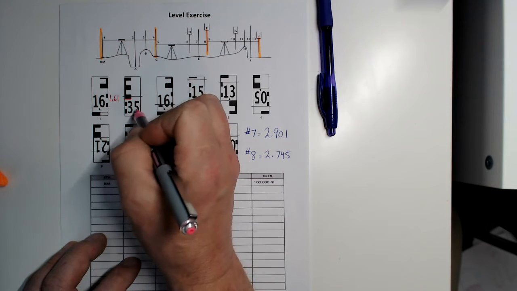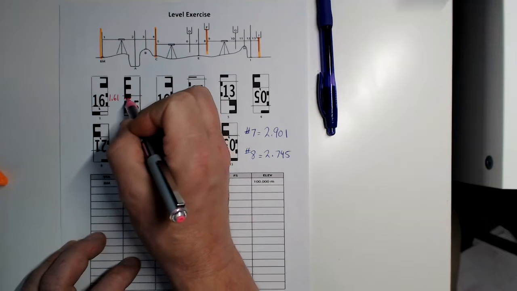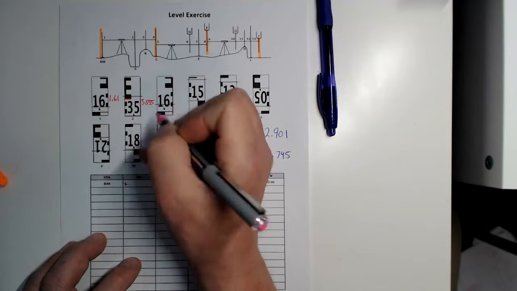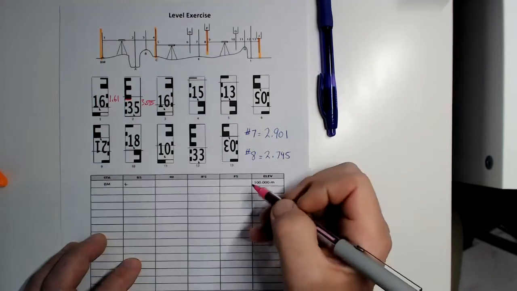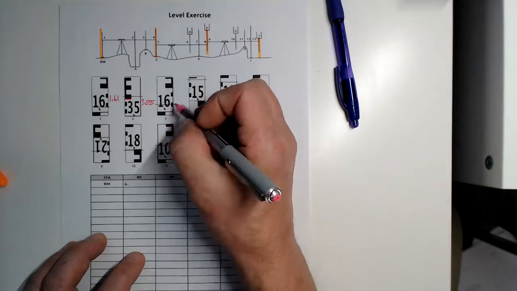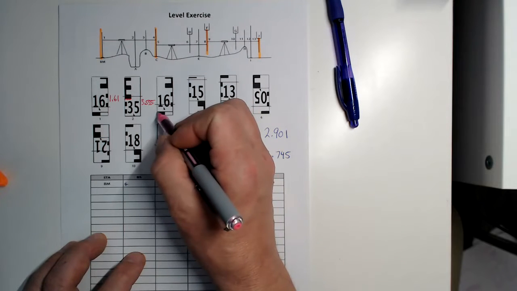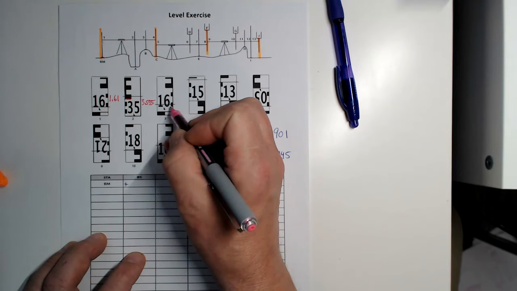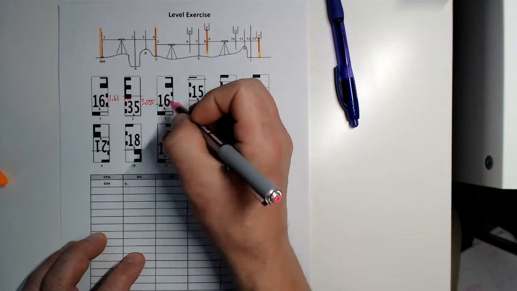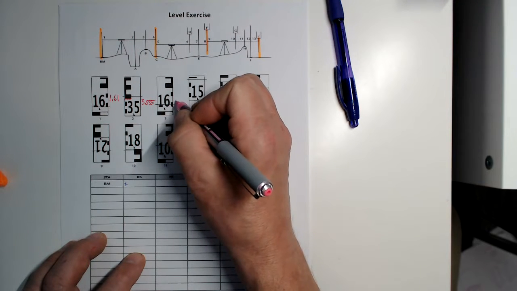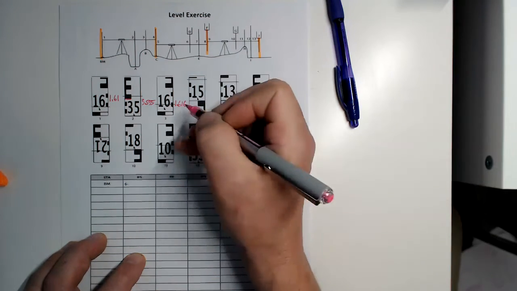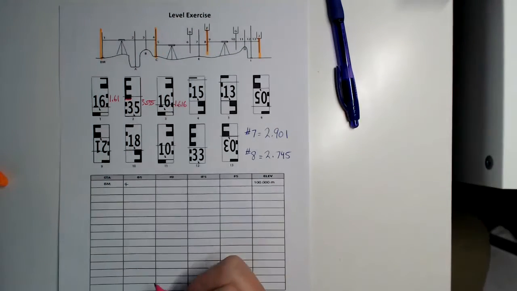So we have 3.55, and it looks like about 5 millimeters, so let's go 3.555 for reading number 2 at station A. Reading number 3 is 1.6 to the line, 1.61 to the underside of this black block, and about 6 mils up. So let's go 1.616.